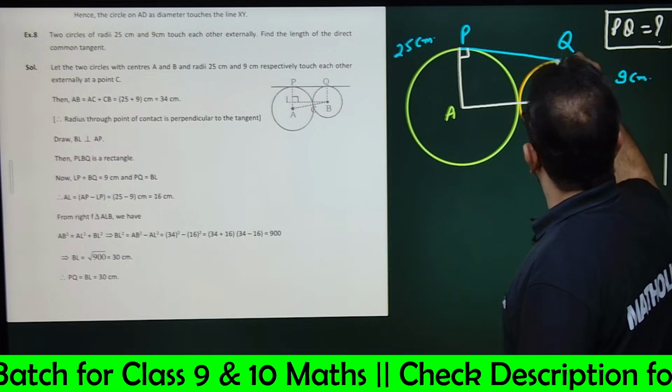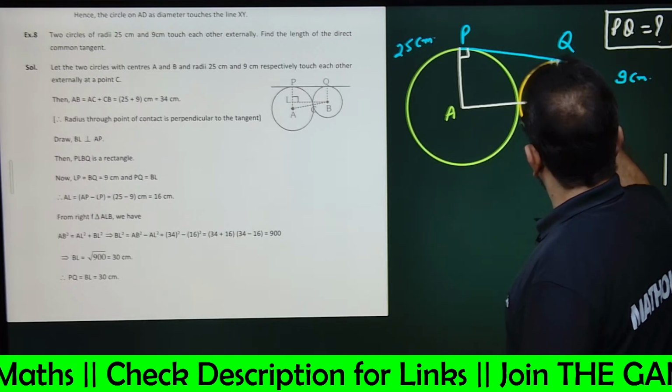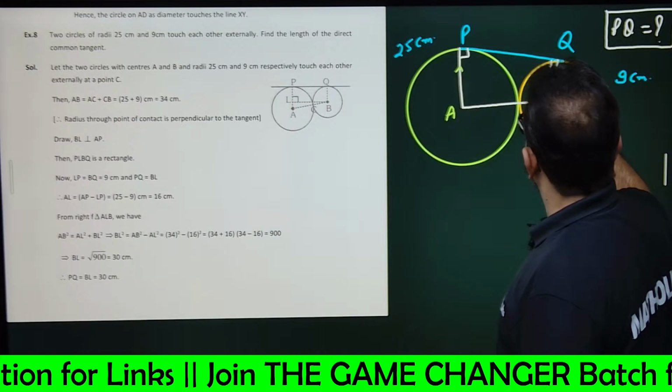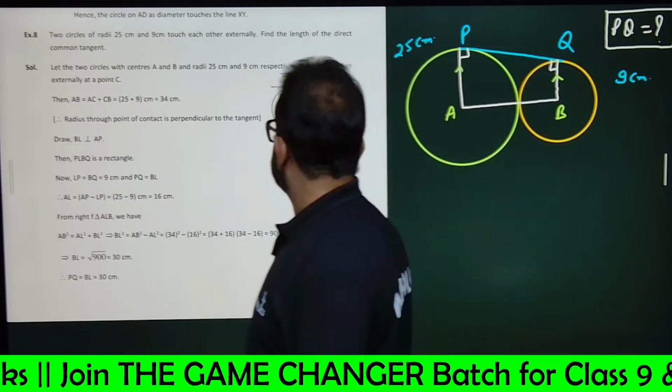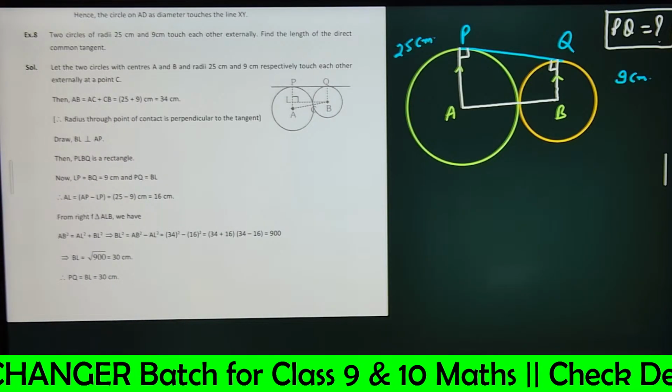Also, if you connect this center to this point, this will be 90 degrees, yes or no? Yes. That means these two lines are parallel. This point is clear, yes or no in the comments?